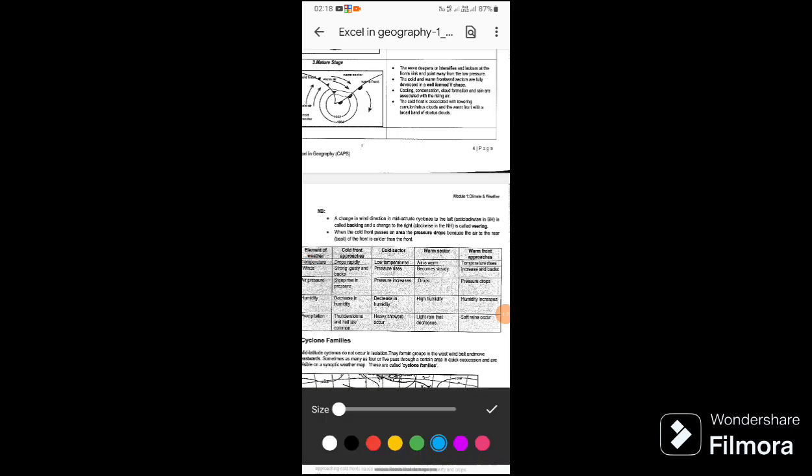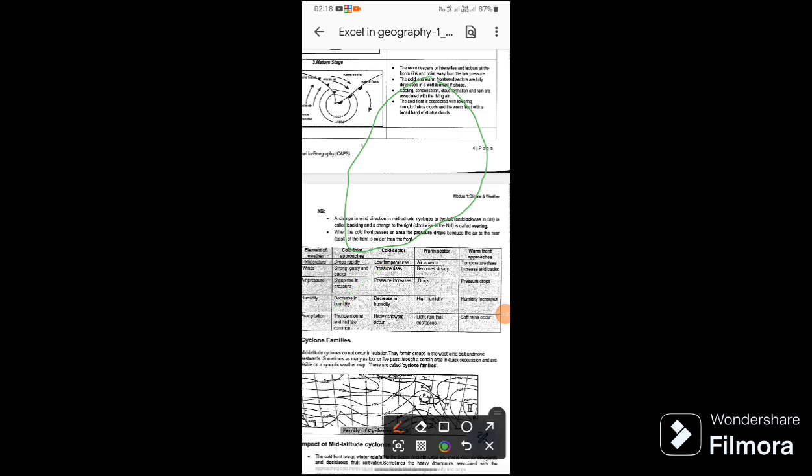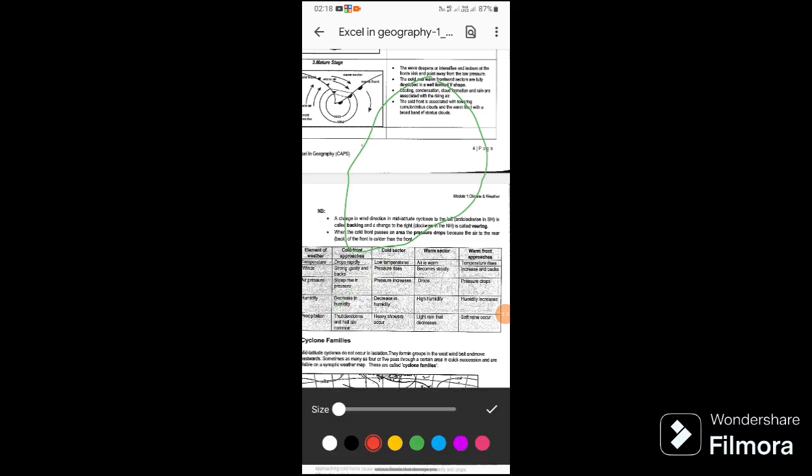And also when the warm front approaches, let's say this is our land. When the warm front approaches, the temperature increases.